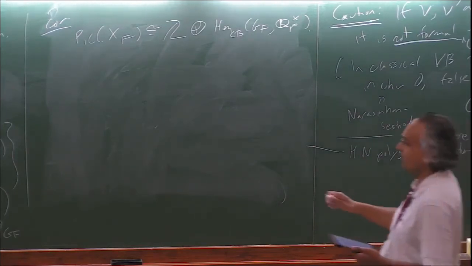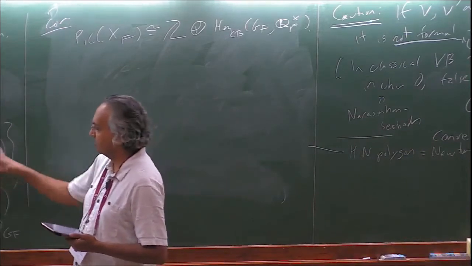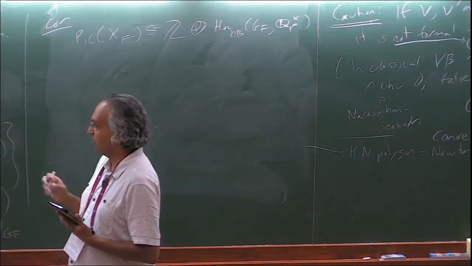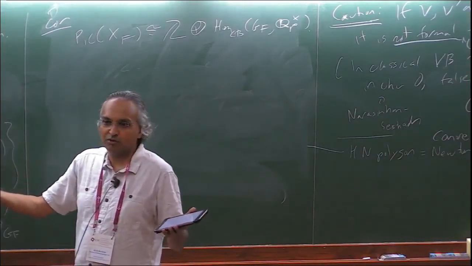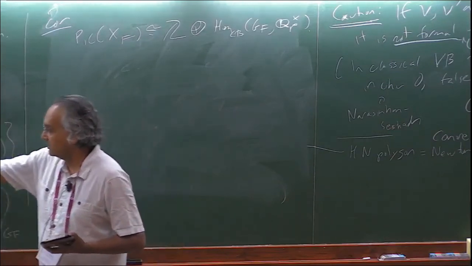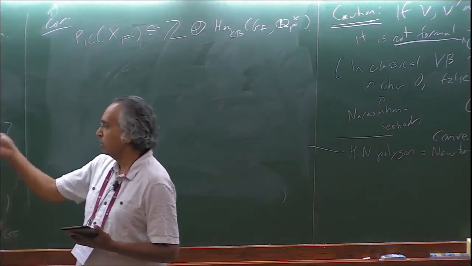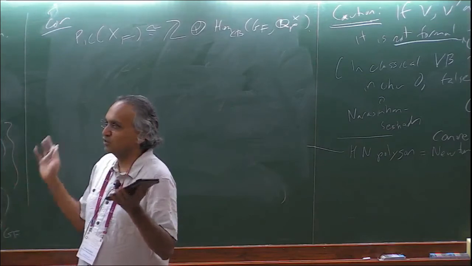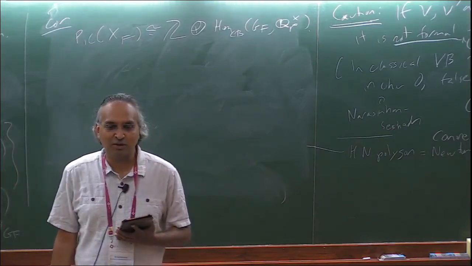Okay, so I mentioned this is analogous to the theorem of Narasimhan and Seshadri. That theorem says if you have a compact Riemann surface and you look at stable vector bundles of degree 0, those correspond to irreducible unitary representations of the fundamental group.